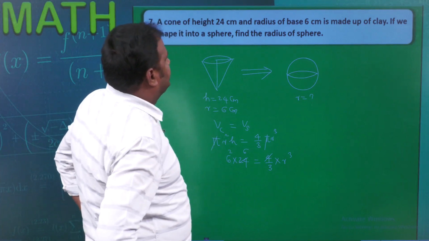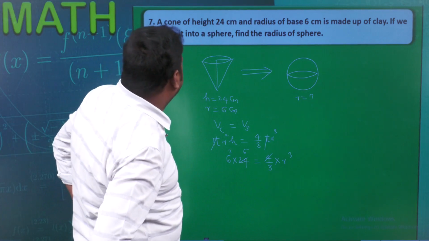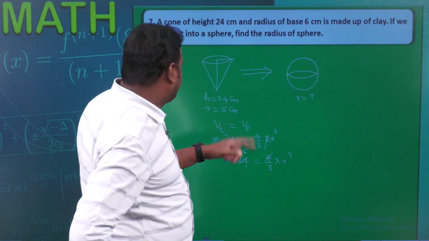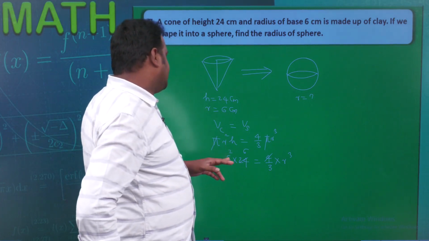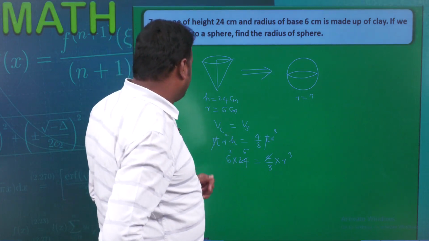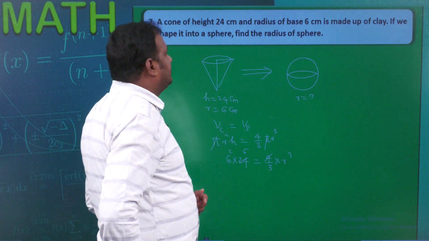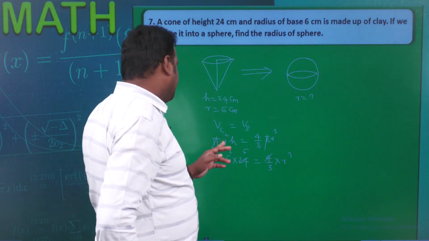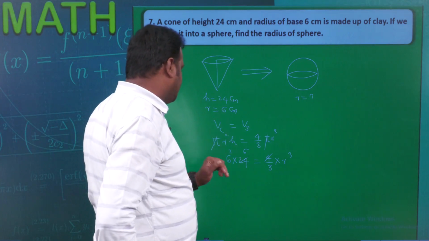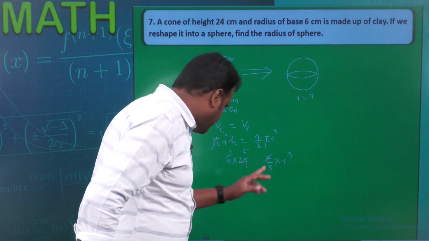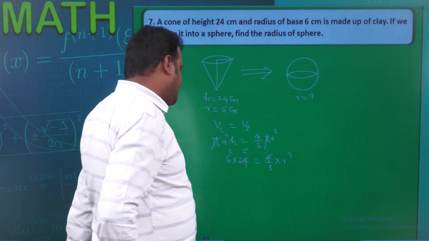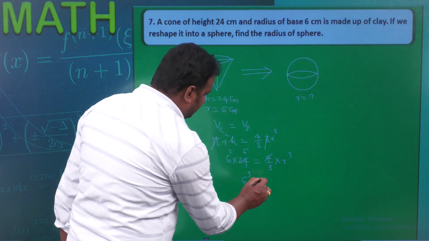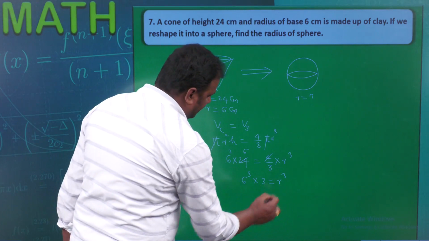Let me just check once again. Height is equal to 24, radius of the base is 6. So pi r square h: pi into 6 square into h is equal to 24, is equal to 4/3 pi r cube. Pi cancel. 4 1 4 6 are 24. So here 6 square into 6 is equal to 6 cube, and one more 3 is there, which is equal to r cube.